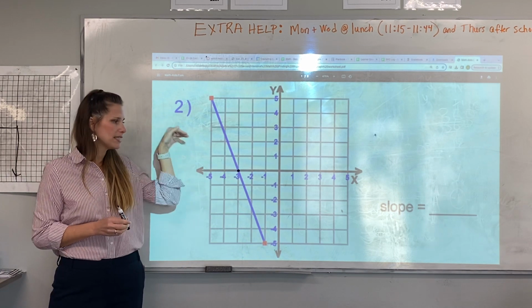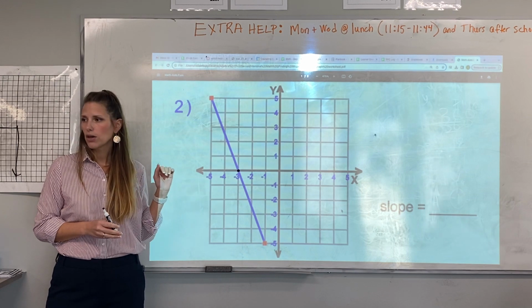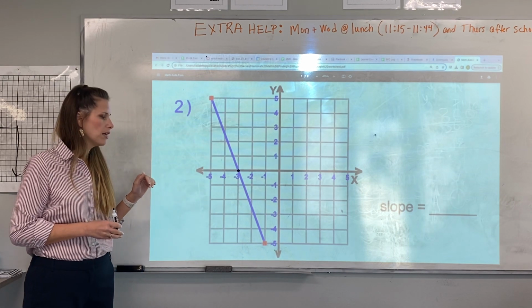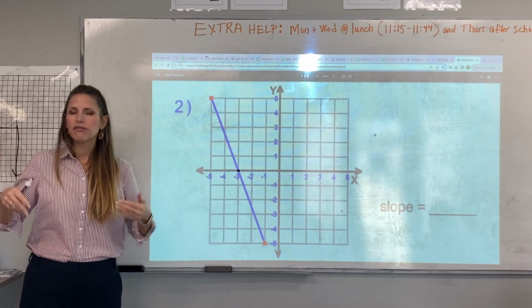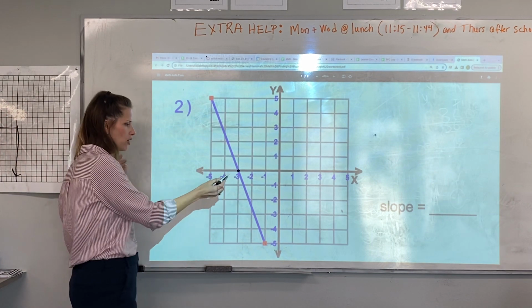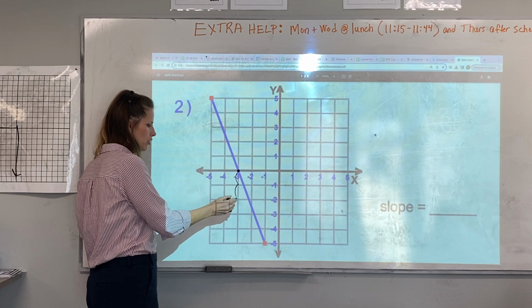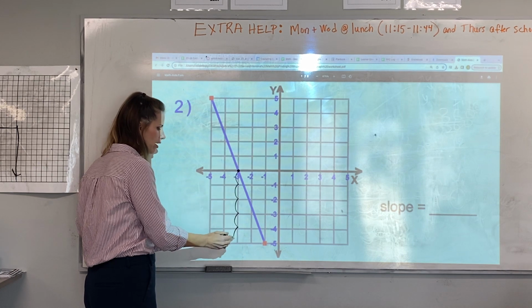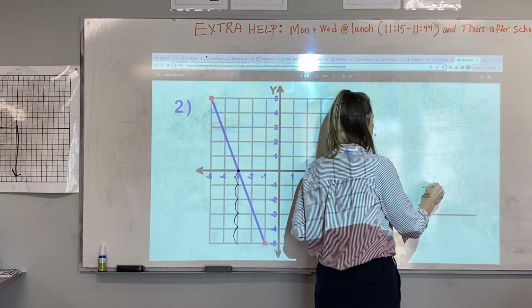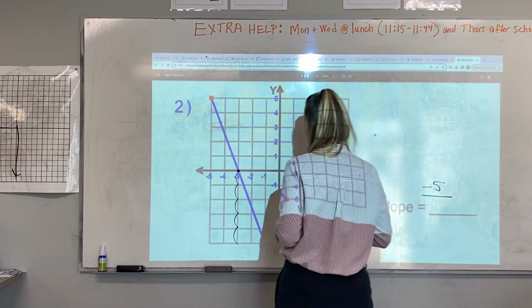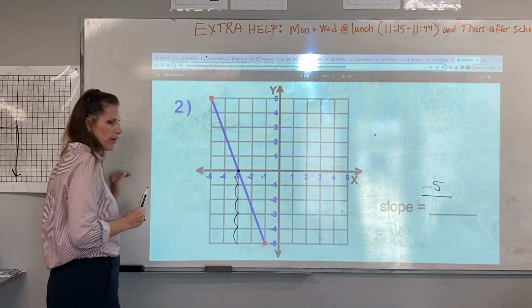Negative. It's going downward from left to right. So we're going to be rising downward, which is a negative rise. So when we count down, we go 1, 2, 3, 4, 5. So that's -5 over, Melanie, what do I do next?